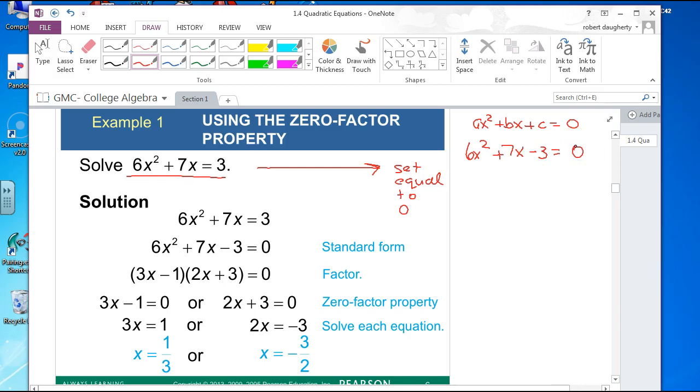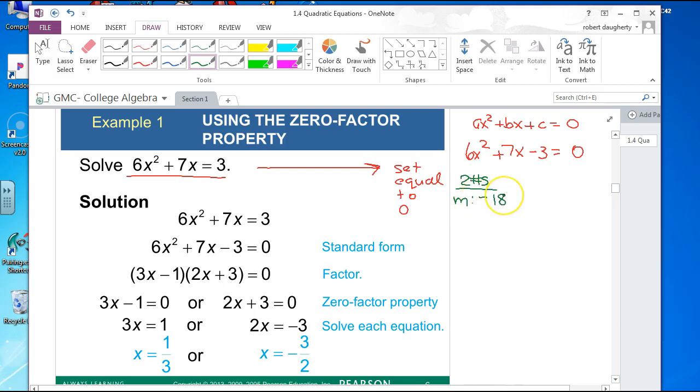Okay, this is a quadratic trinomial. So in order to solve this, I'm going to need to find a couple of things. I need to find two numbers that when I multiply those numbers, I get, what is 6 times -3? That's -18.